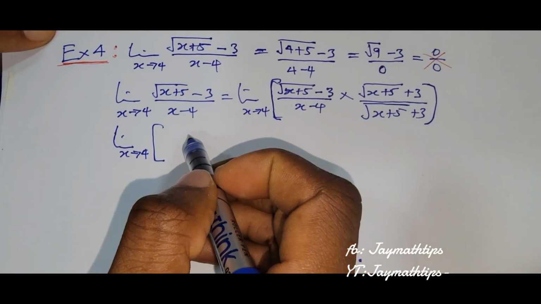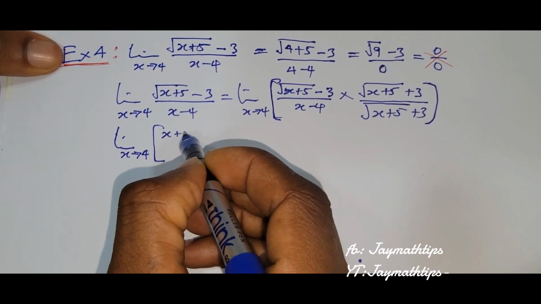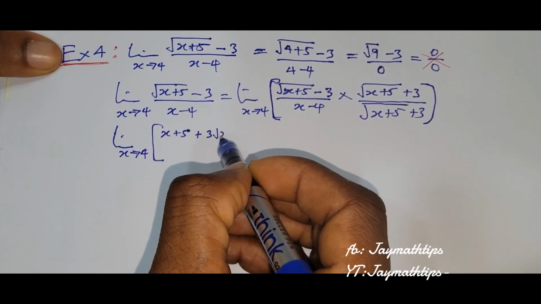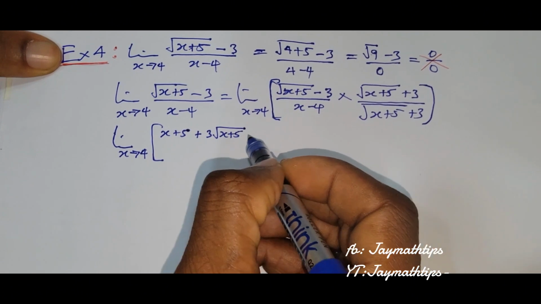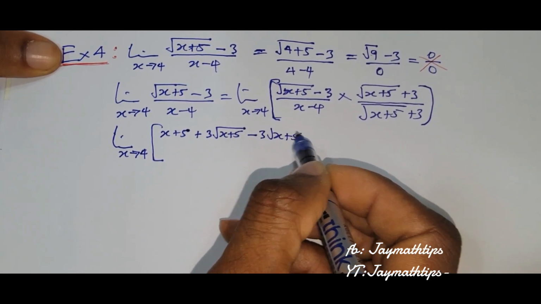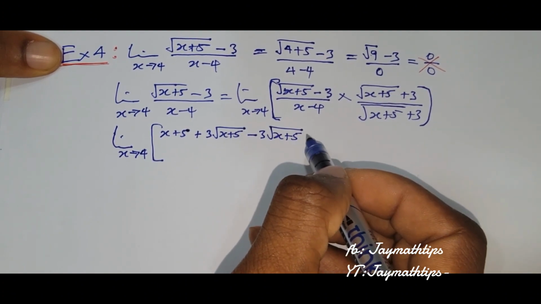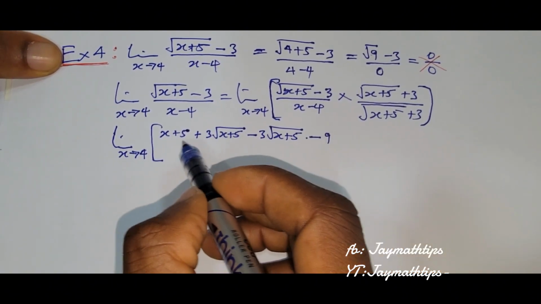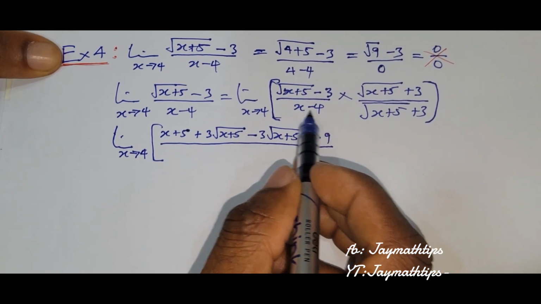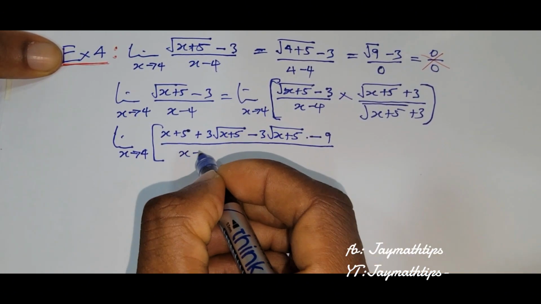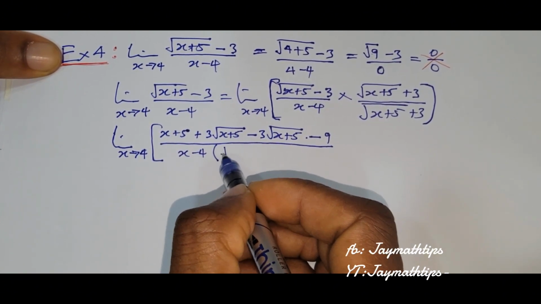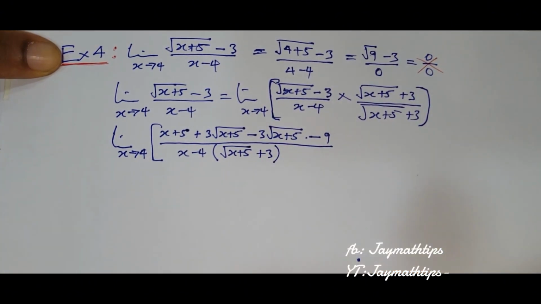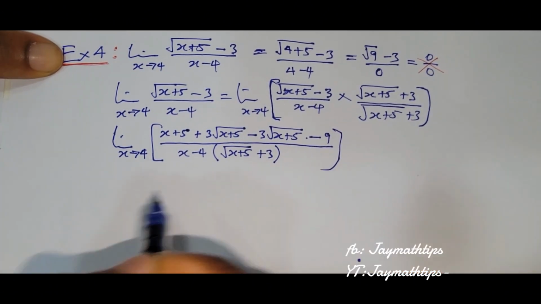By the time you do that, you're going to have the square root of x plus 5 plus 3 into the square root of x plus 5 minus 3, which is x plus 5 minus 9, all divided by what you have here multiplied by everything here, that is x minus 4 into the square root of x plus 5 plus 3. You close all the brackets.